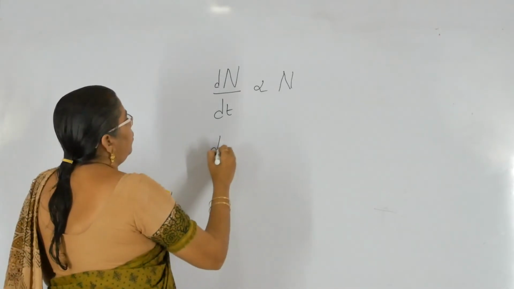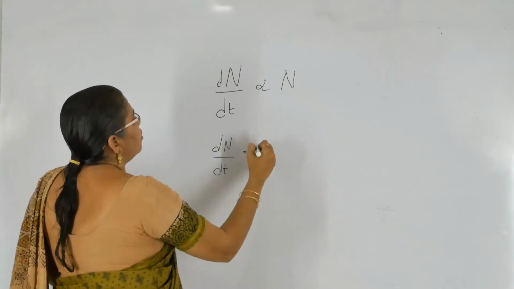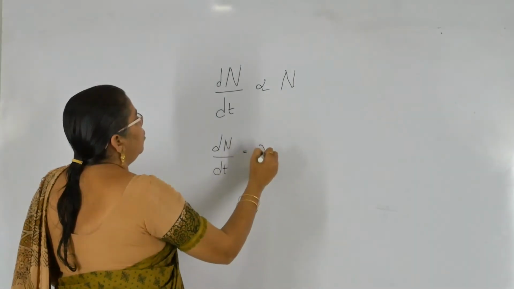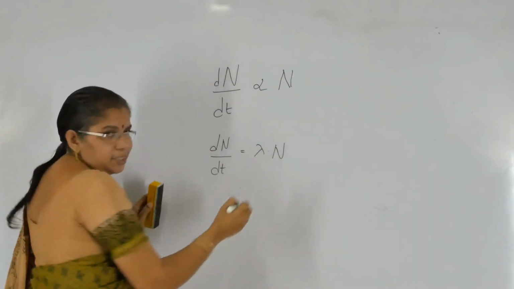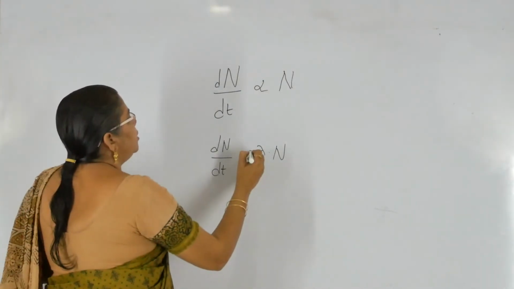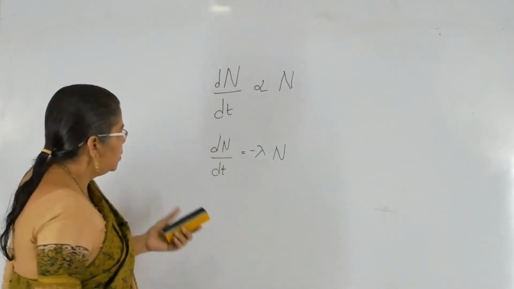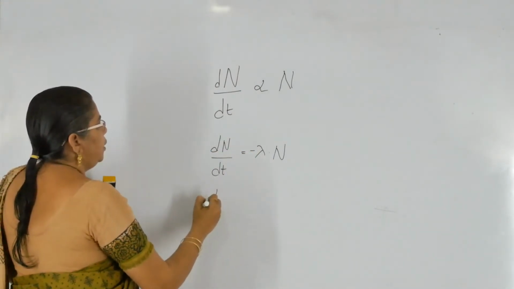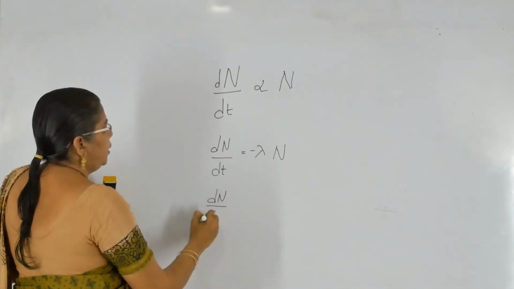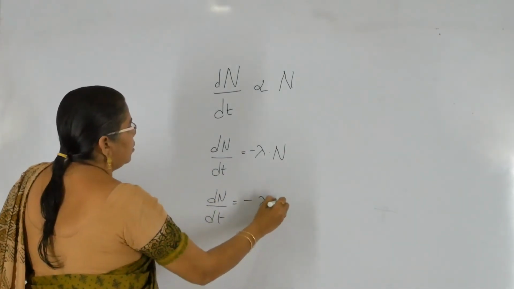So dN by dt is equal to a constant K or lambda into N, where lambda is known as the disintegration constant. I put a minus sign before it because the number of atoms decreases. So dN by dt is equal to minus lambda N.